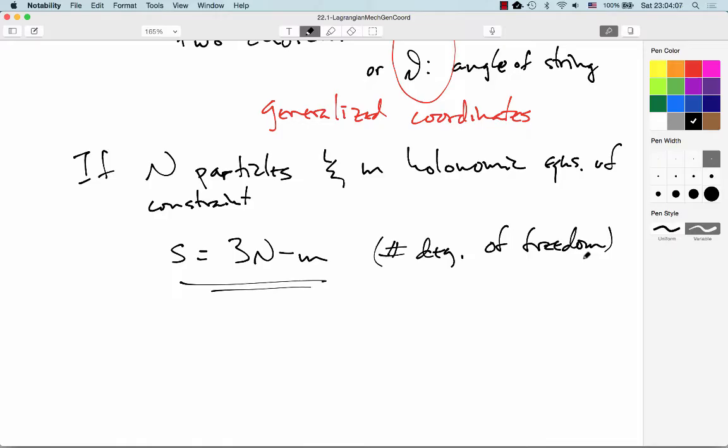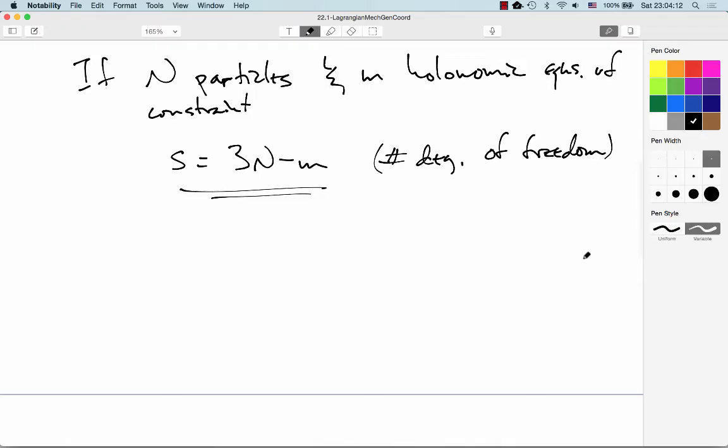And you will need S generalized coordinates. So let's just do a quick example with that.